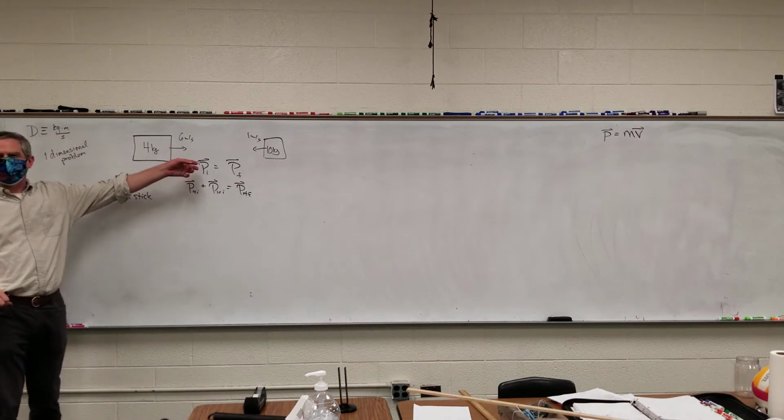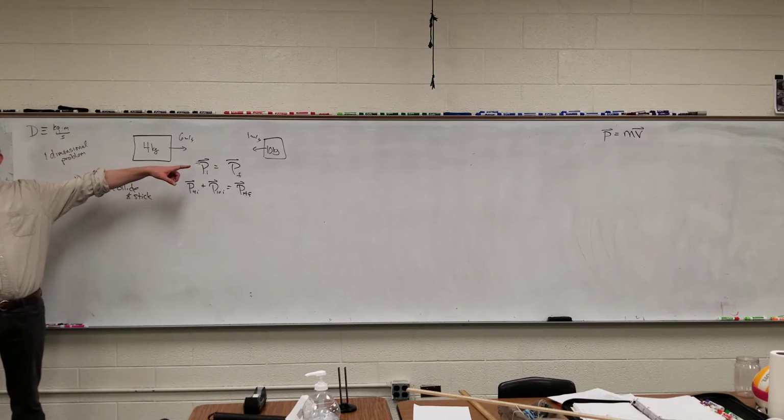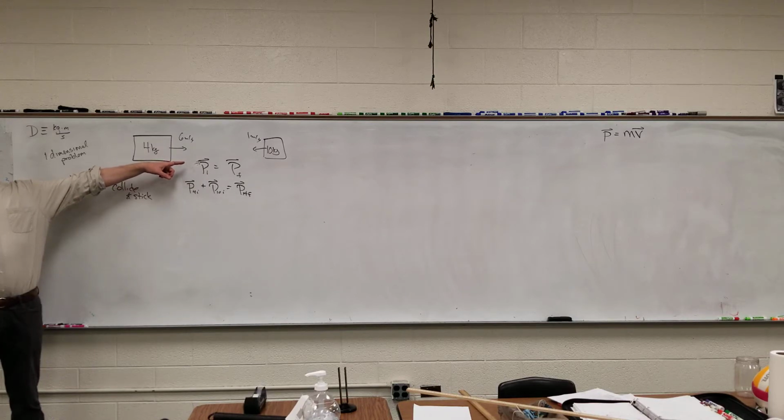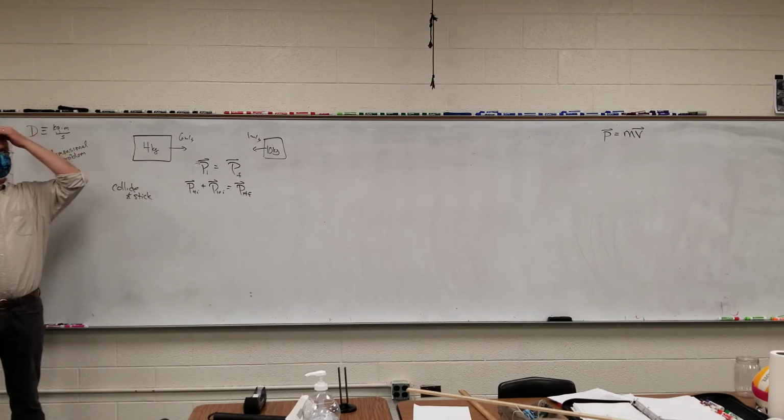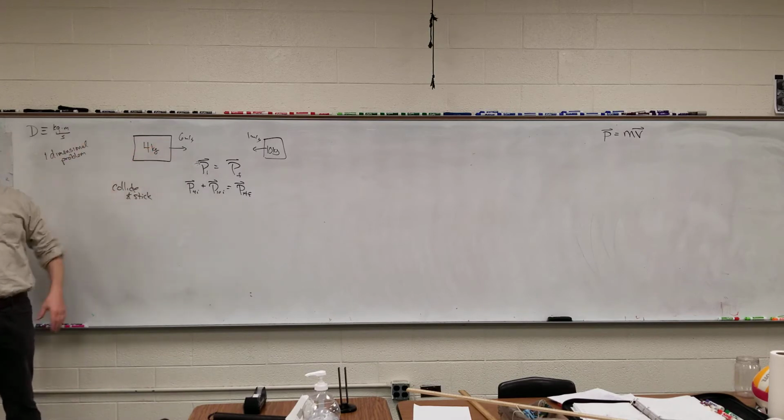When we say the initial momentum equals final momentum, how can we justify that the momentum is conserved? Closed system. Yes, there were no other objects involved, just those two.